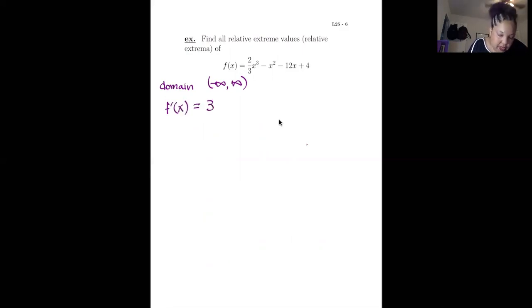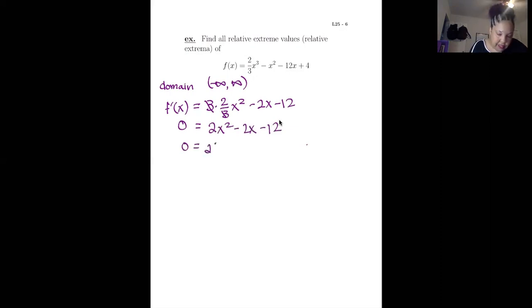I get 3 times 2/3 x squared minus 2x minus 12. So I set that equal to 0. My 3's cancel. I get 2x squared minus 2x minus 12. I'm going to factor out a 2.